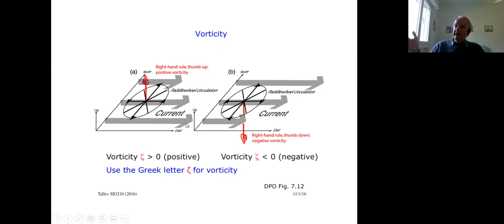So you have the weakening of the current going from south to north. So there is the horizontal gradient of currents. So the two processes are responsible for the vorticity.